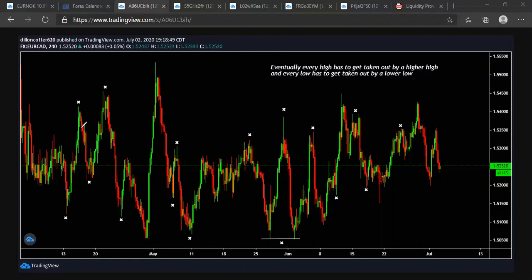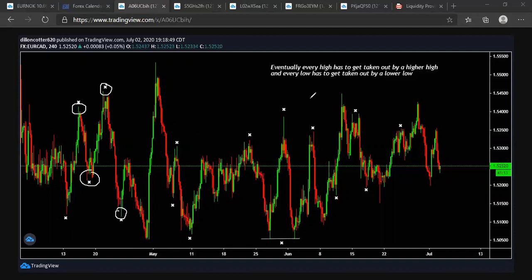If you take a look at this in general, you'll be quick to notice that when there's a high and a low, there's going to be a new high and a new low taking out these previous lows and highs.